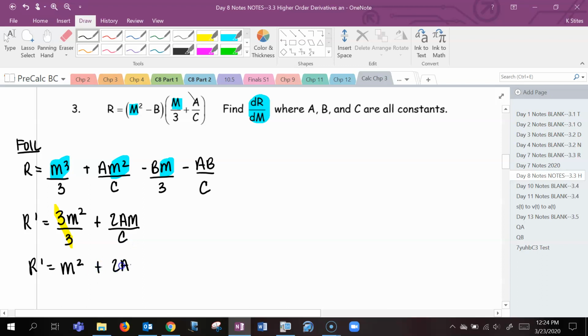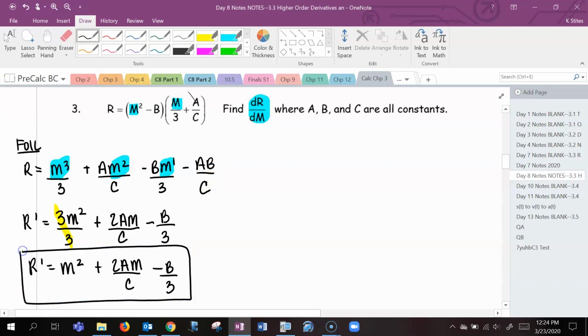Okay, that just stays the same. Okay, minus the derivative of bm over 3. So think about your 1 just coming forward, that's just minus b over 3. And this does not have any variables, so when we take the derivative, it's just 0. So there you go, option 1.